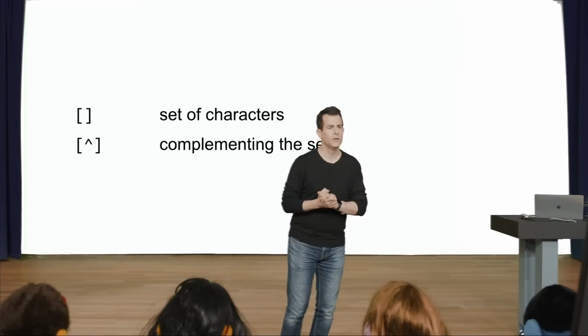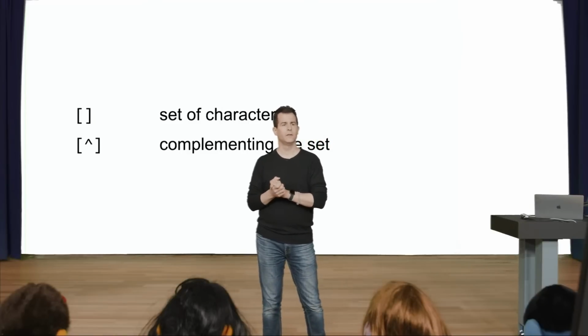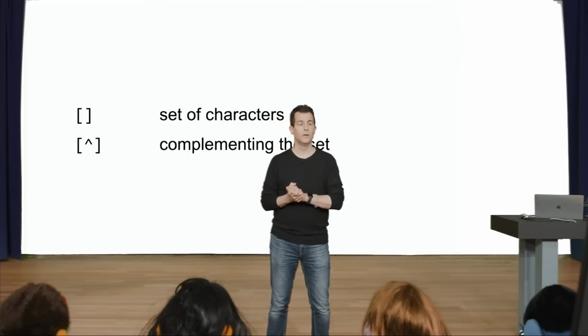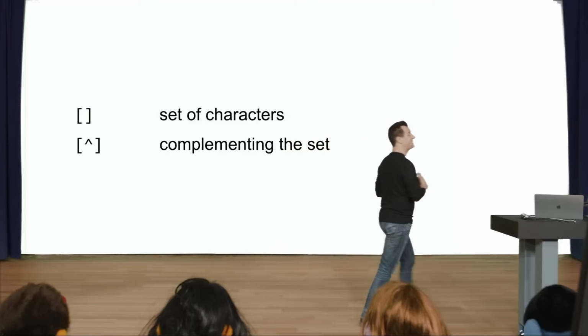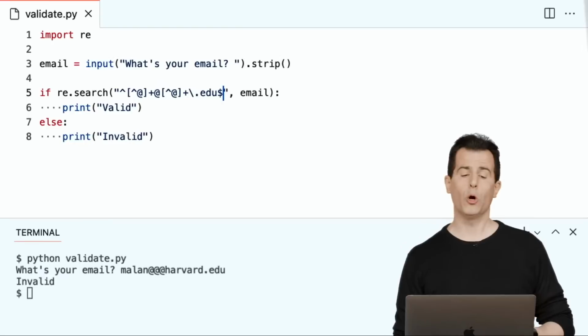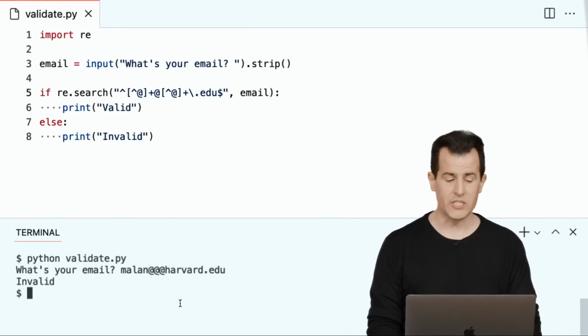Other questions? Suleiman, if I'm saying it right? Yeah, I was wondering, what happens if the user inputs .edu in the beginning of the string? A good question. What happens if the user types in .edu at the beginning of the string? Well, let me go back to VS Code here, and let's try to solve this in two different ways.